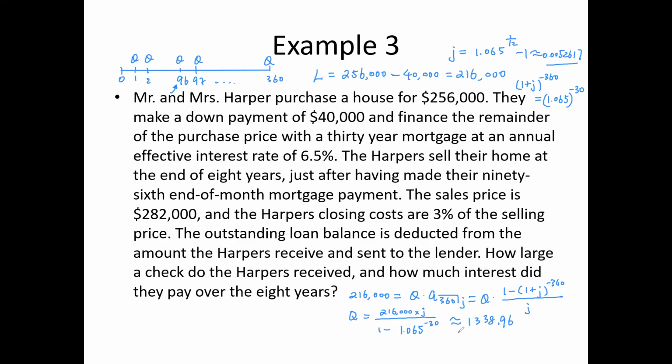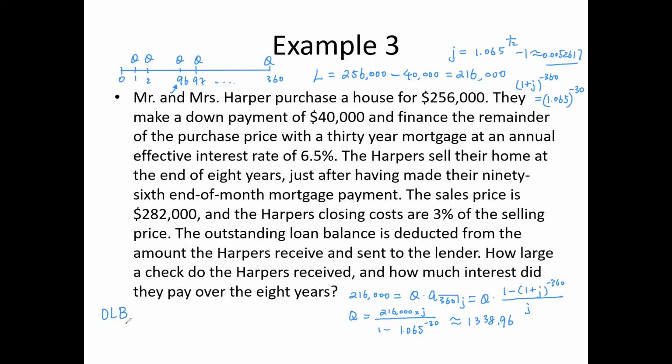Now let's calculate the balance. We need the balance at the end of the eighth year. We need the balance and subtract that balance from the sale price, and then we also need to subtract closing costs, and that's the check Harper's would get. So let's find the balance.